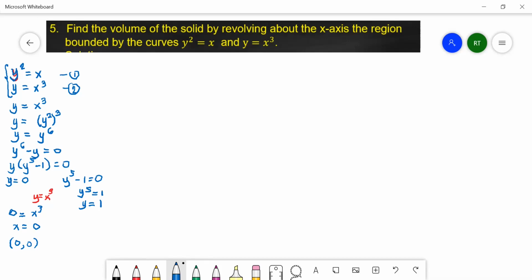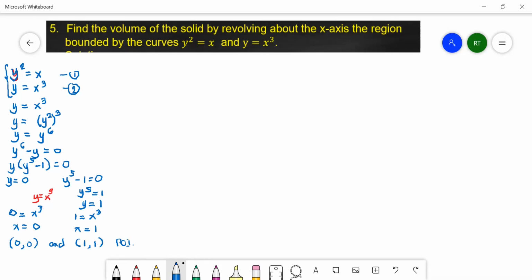Now, we have y is equal to x cubed, so 1 is equal to x cubed, and getting the cube root of 1, of course, will give us x is equal to 1. And when x is equal to 1, of course, we have another point of intersection at 1, 1. So these are the points of intersection of the two curves at the origin and at 1, 1.